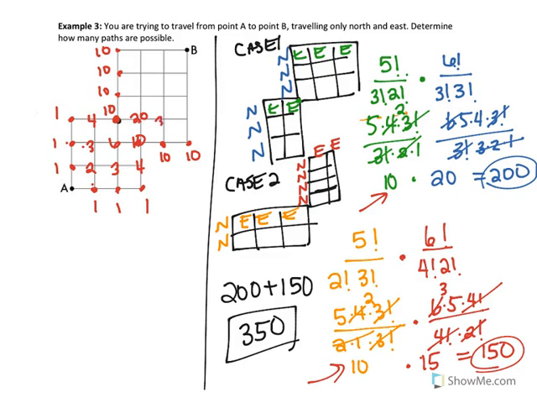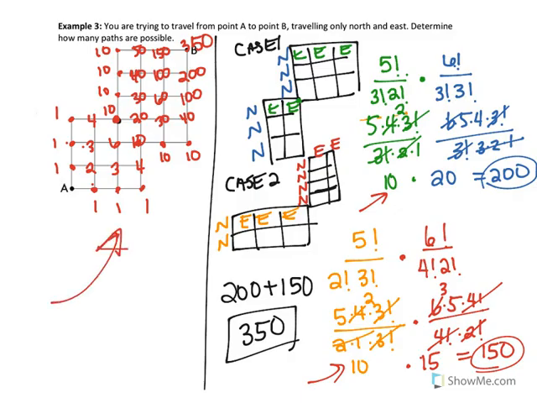Alright, 20 plus 10 is 30. 30 plus 10 is 40. 20 plus 10 is 30. 30 plus 10 is 40. 40 plus 10 is 50. 30 plus 30 is 60. 60 plus 40 is 100. 100 plus 100 is 200. 100 plus 50 is 150, and finally 150 plus 200 is 350.